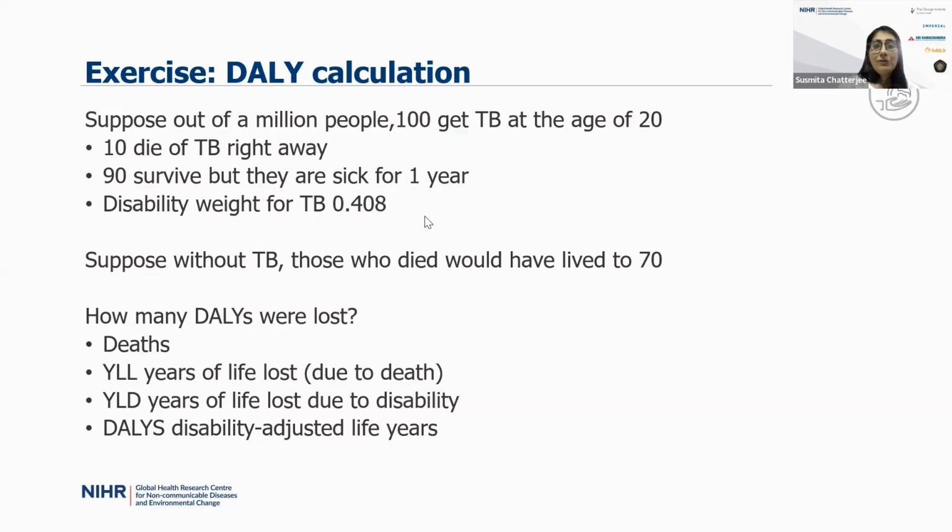So that's the years of life lost. And then those who survived, you know how many people survived, and they were sick for 1 year. And how many deaths were there?